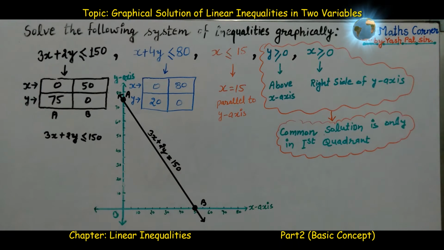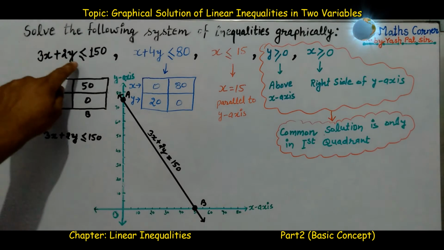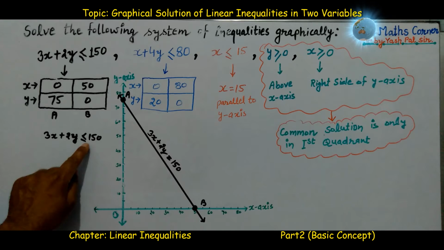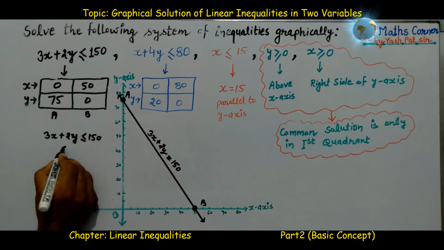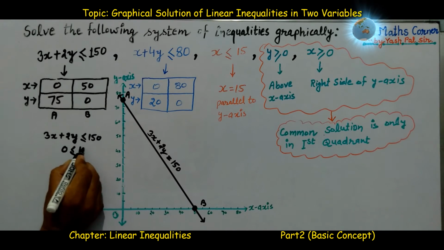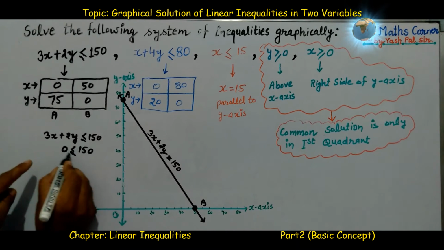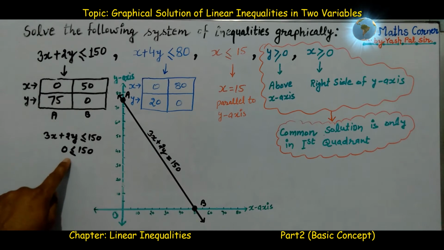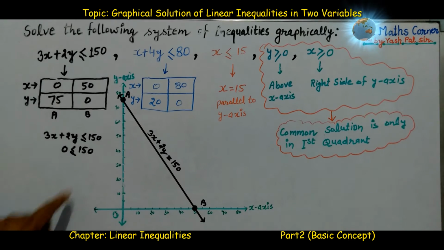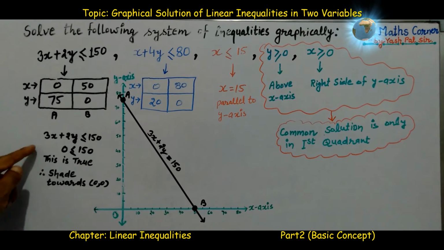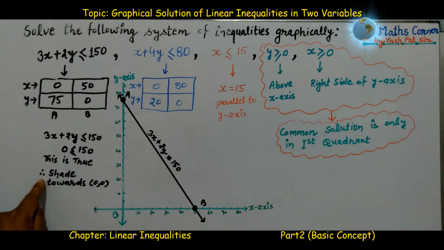Here taking the inequality 3x plus 2y less than or equal to 150, x 0 y 0 makes the left hand side 0. 0 is less than 150, this is true, so shade towards 0 0.